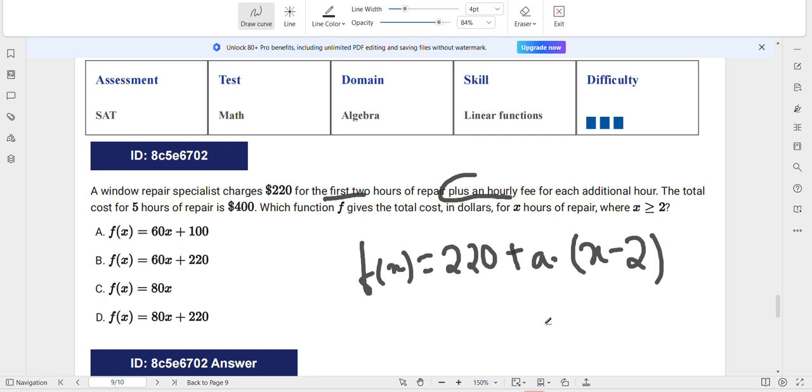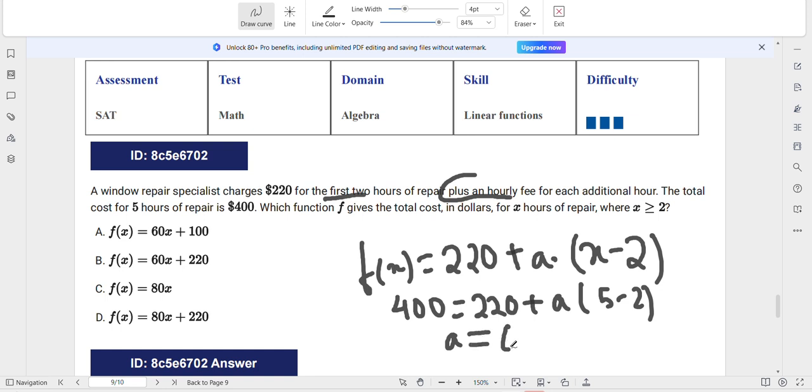We have to find the value of a with the help of the second condition that the question tells us, which means for 5 hours the total cost is 400, and 220 as it is, plus a times 5 minus 2. When we solve this equation, we get the value of a equal to 60.